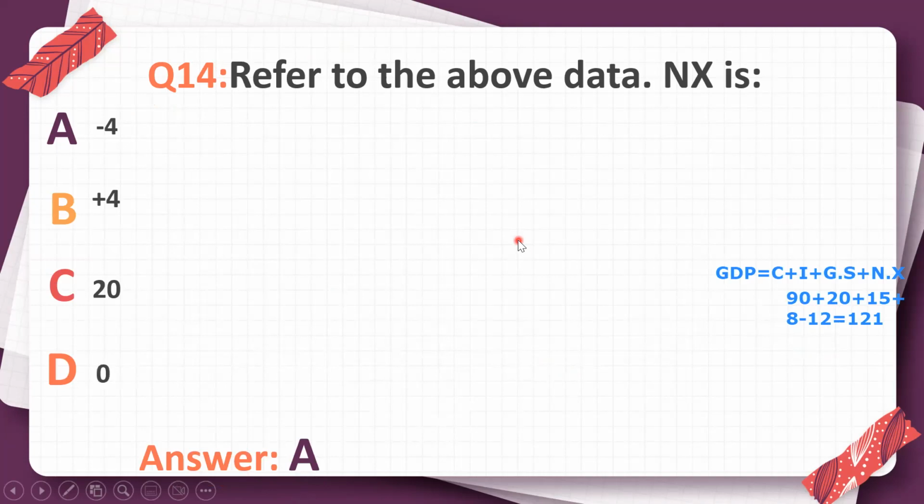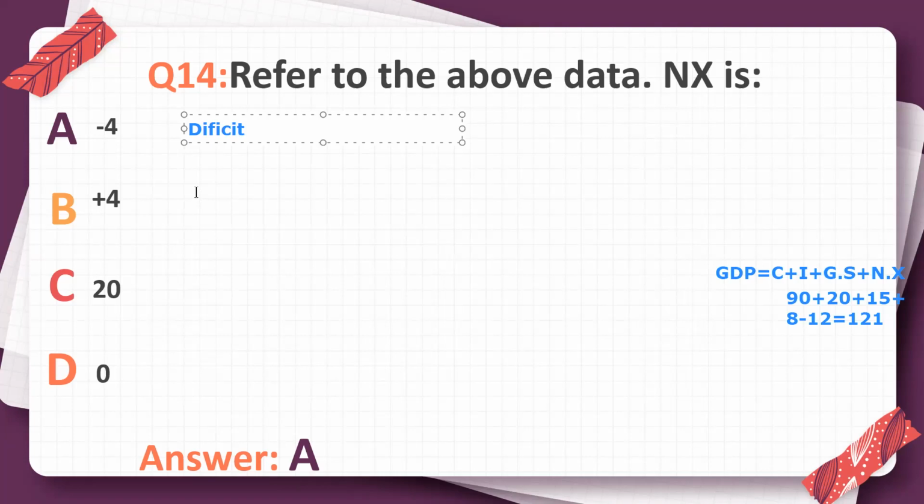When we have negative net exports, that means we have a gap. With -4, we have a negative gap that is called a deficit.